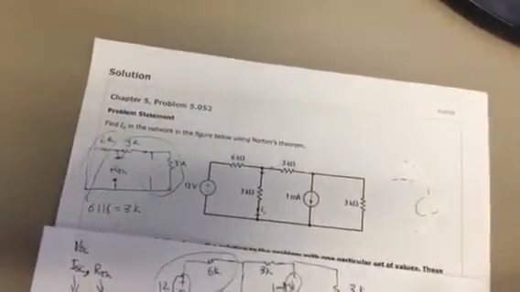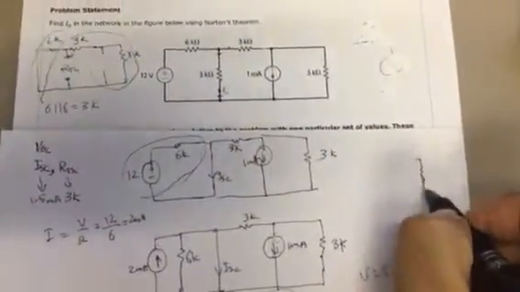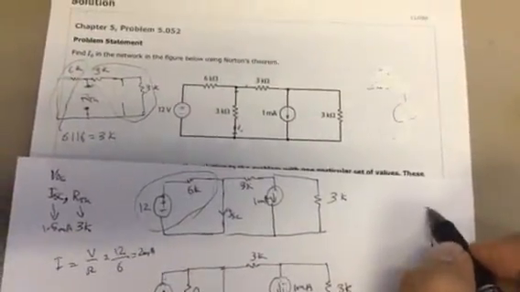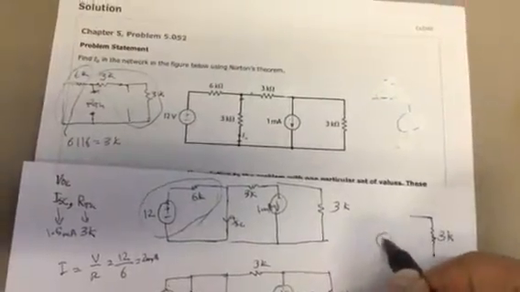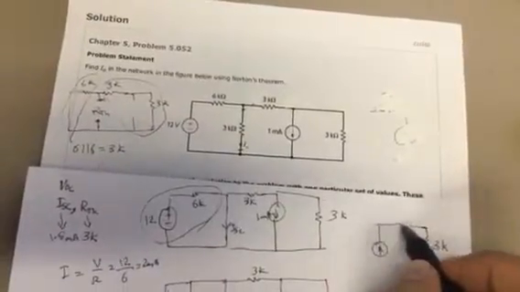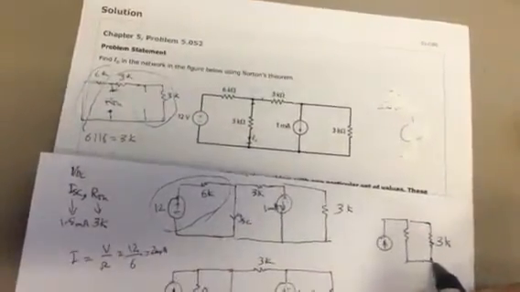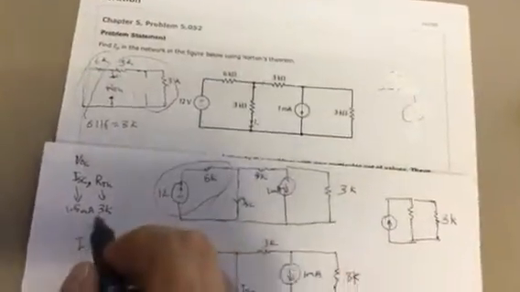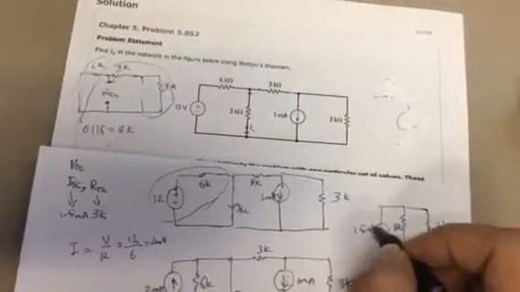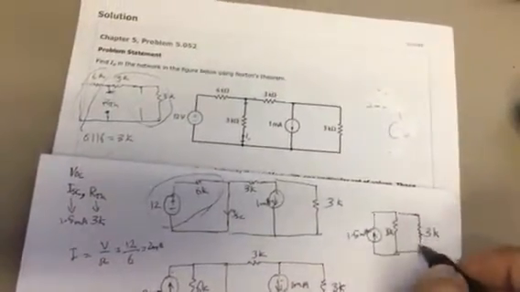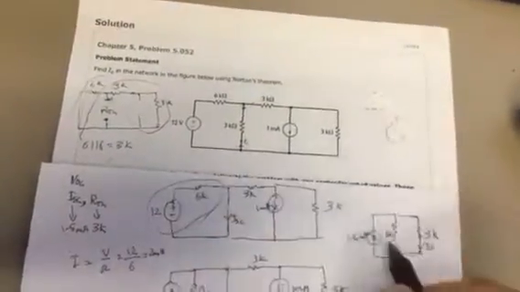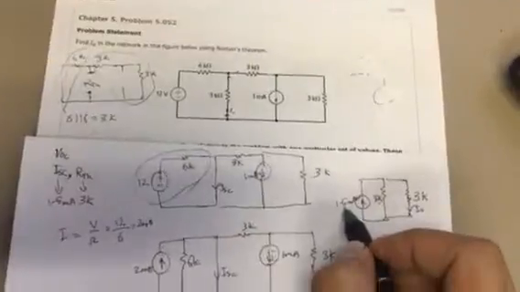I have a 3K over here, that is my load, and then I have the I short circuit, which is going to be my current source, and then I have my R Thevenin, which is 3K. So I have a 3K over here, 1.5 milliampere over here, and if I'm looking at the I0, I took everything out, I put a 3K over here and 1.5 milliampere.